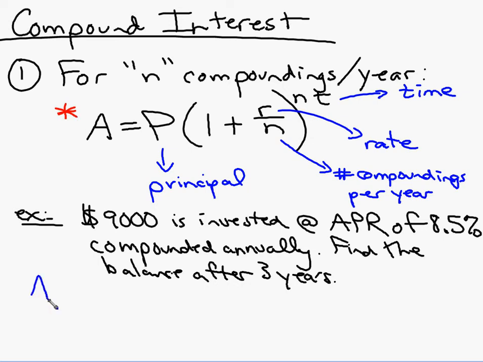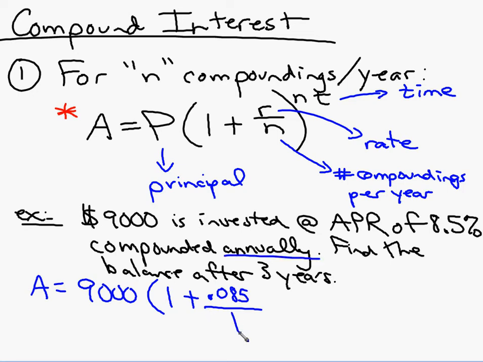So I'm going to have A equals 9,000 times 1 plus, what's the interest rate? 8.5%. Do we ever use 8.5 in a math calculation? Don't we always move it 2 places to the left first? So this is 0.085 up here, all over the number of compoundings per year. Isn't there just one? It's only compounded annually. So this is going to be a 1.